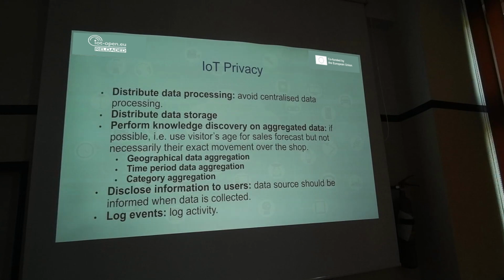Perform knowledge discovery on aggregated data, not on the raw data, right? So do not try to keep this data, like for example, a shopper's GPS location based on the IP address or whatever, right? If you just need to know that the buyer is from Poland, just send that it's from Poland, not from this particular city.